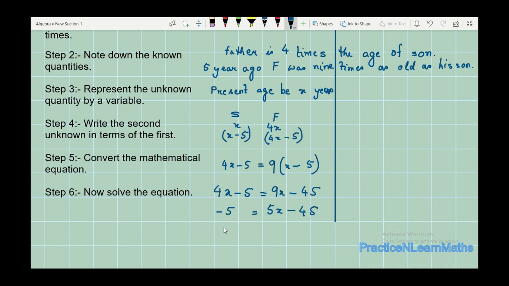If we write it the other way, that is 5x minus 45 is equal to minus 5. Adding 45 to both sides, we get 5x is equal to 40. Dividing by 5 both sides, we get x is equal to 8. So the present age of the son is 8 years, and that is the answer.